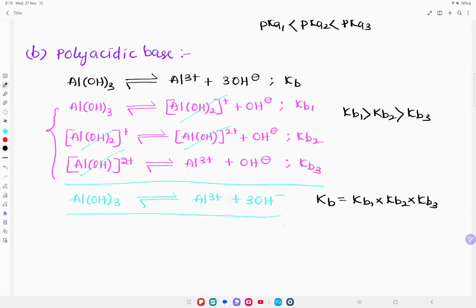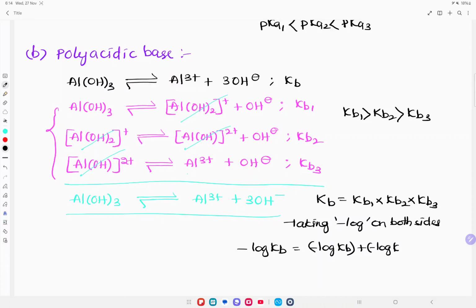So by taking minus log on both sides of this equation, minus log Kb, minus log Kb1, plus minus log Kb2, plus minus log Kb3.